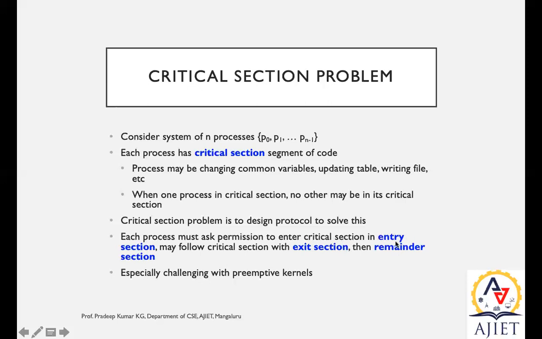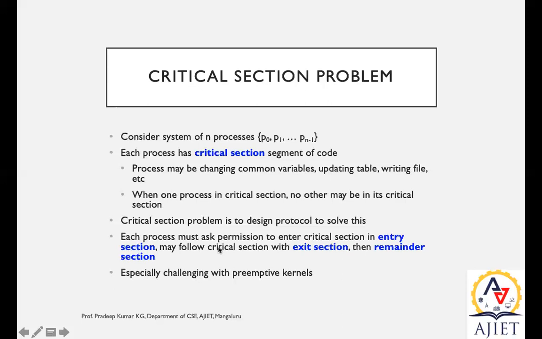The entry section is something like a gatekeeper. Whichever process wants to access the critical section should ask permission from this gatekeeper, the entry section. Once the process completes its turn in the critical section, it is followed by the exit section, then the remainder section.